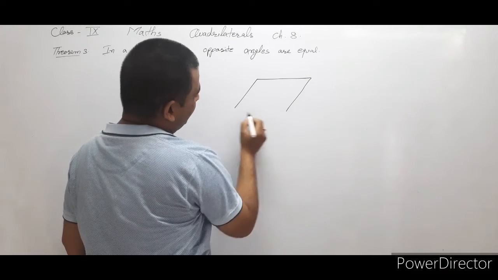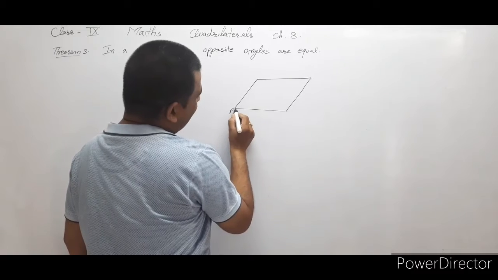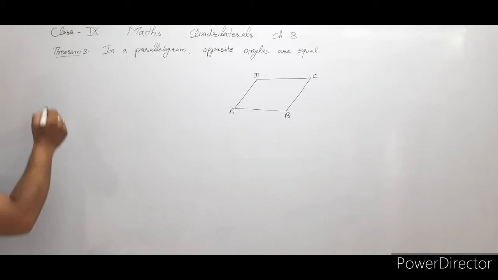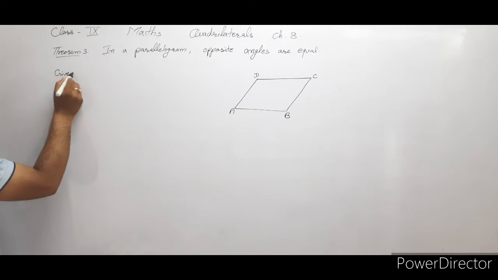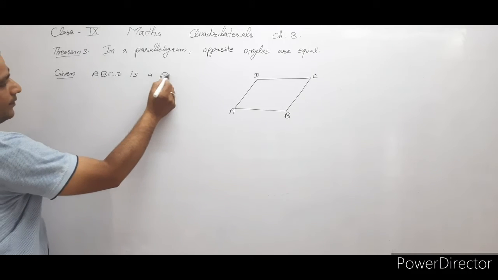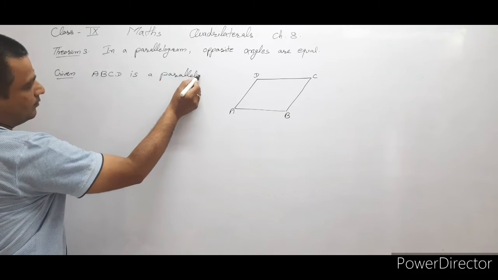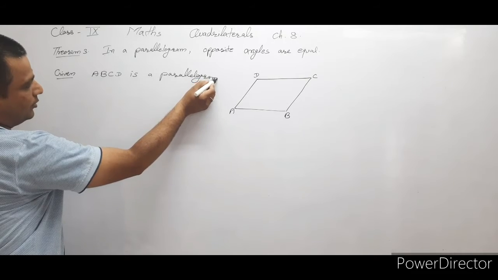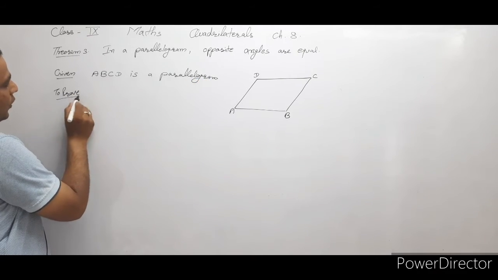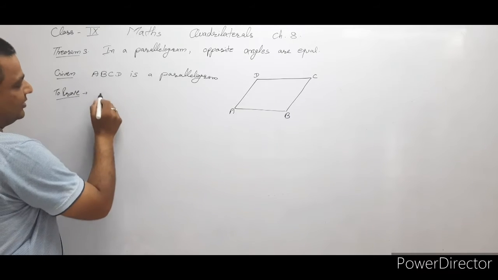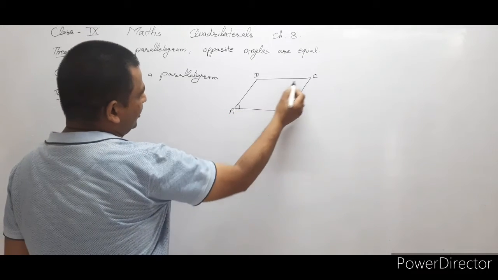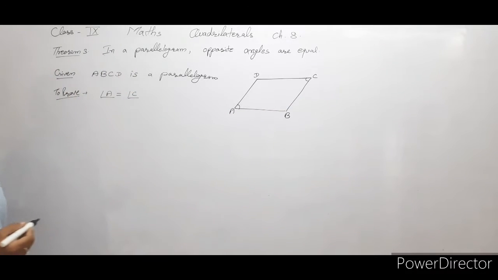So to prove that opposite angles are equal in a parallelogram, let ABCD be a parallelogram, given. To prove opposite angles are equal: as we know, opposite angles means the angles at opposite vertices.